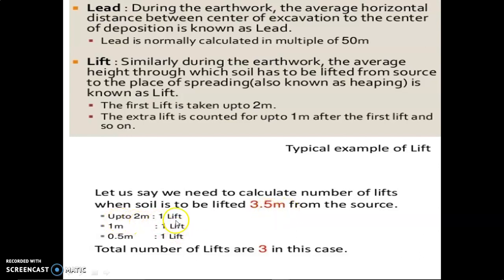Now the extra lift is counted for up to 1 meter, so after 2 meter we count 1 meter. So the second lift is 1 meter, and the remaining 0.5 meter is 1 lift. So the required number of lifts is 3.